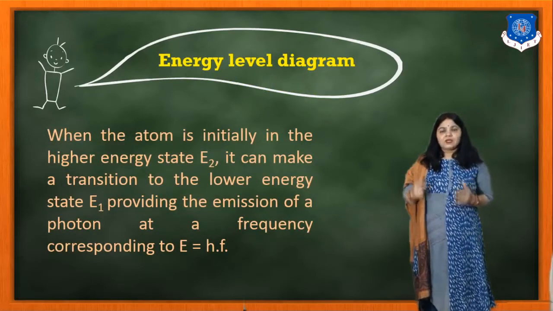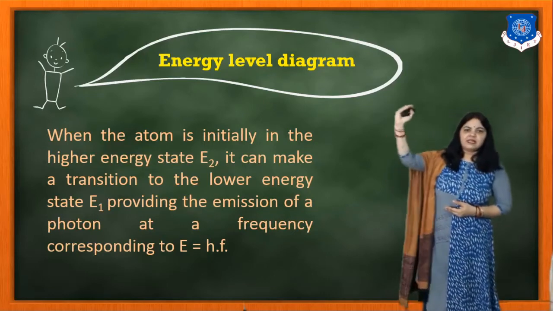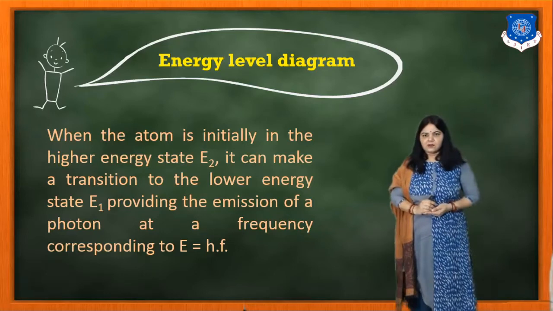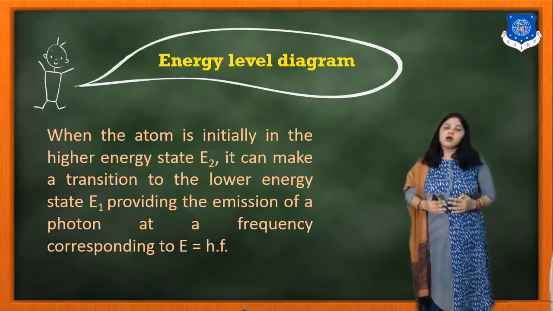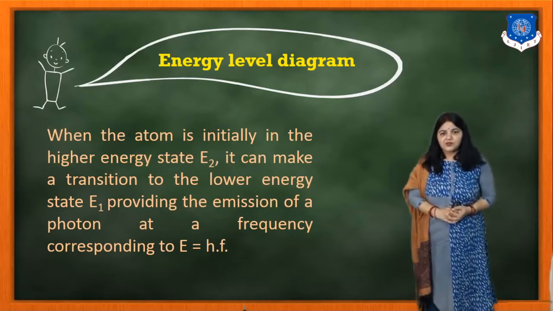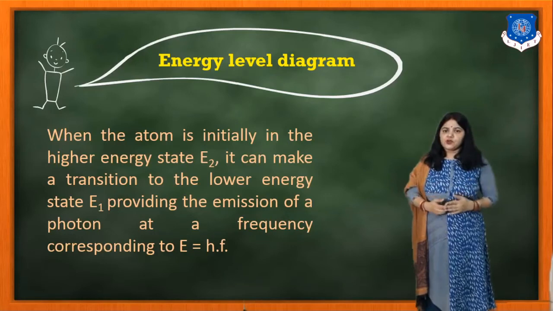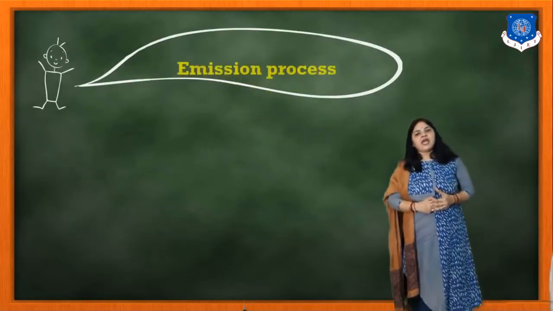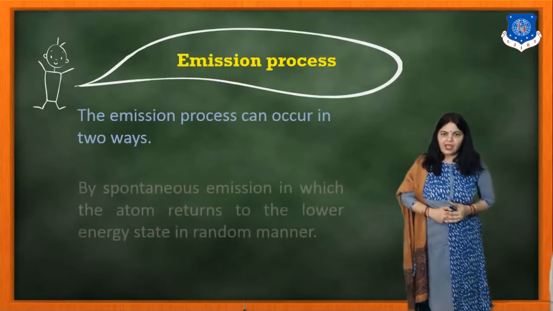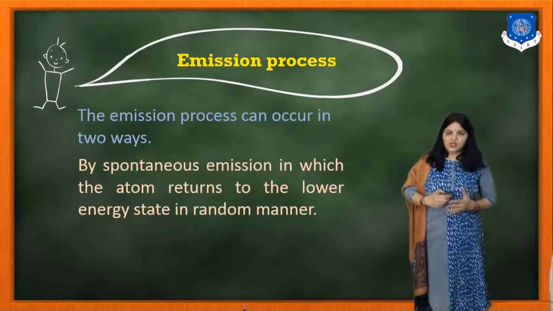Now, after the first process, absorption, the atom is in the higher energy state E2. It can make a transition to the lower energy state by emitting a photon at a frequency corresponding to E equal to H into F. This emission process can occur in two ways.